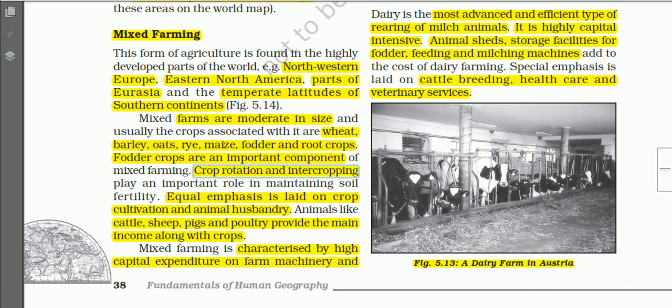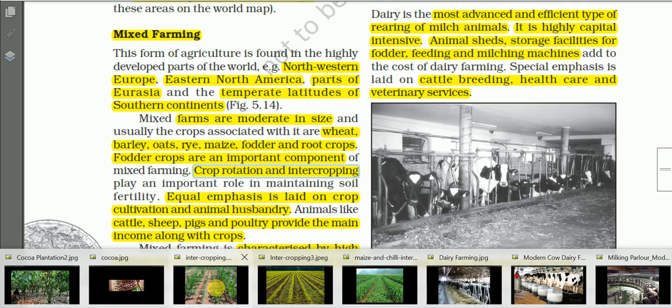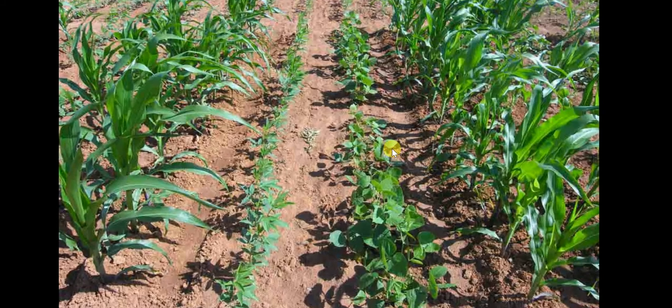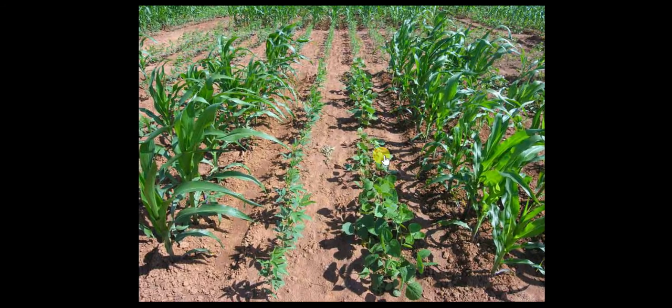Let me show you some more photographs. Here is another photograph showing intercropping. Here we find a row of maize, then another row of another crop.